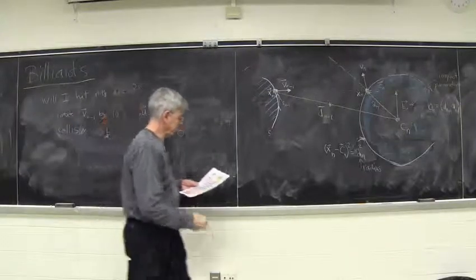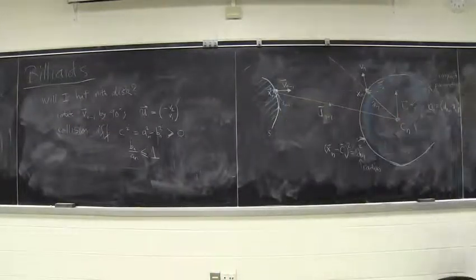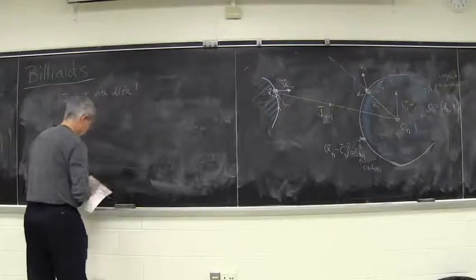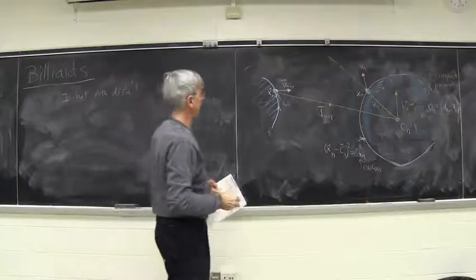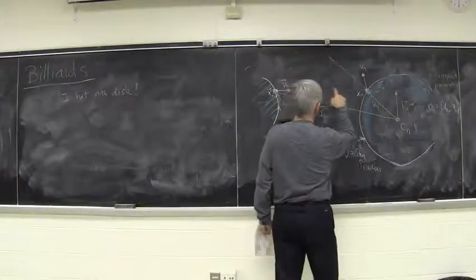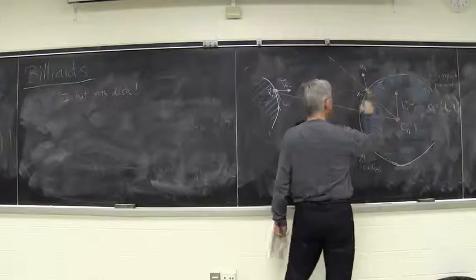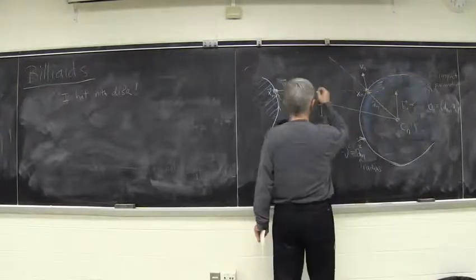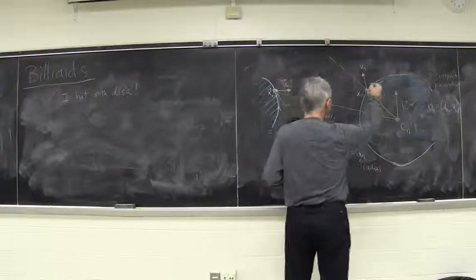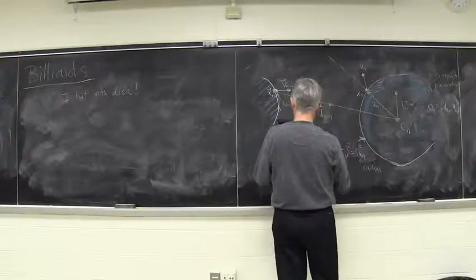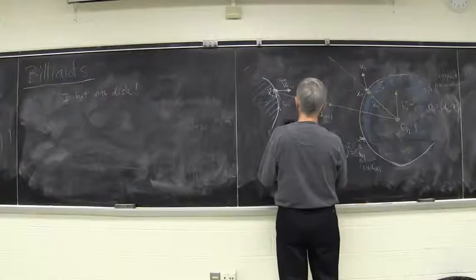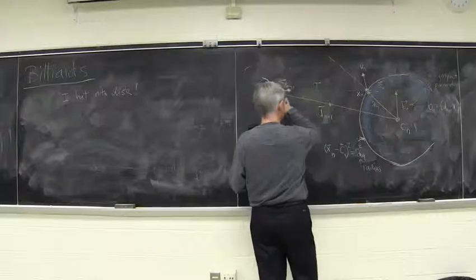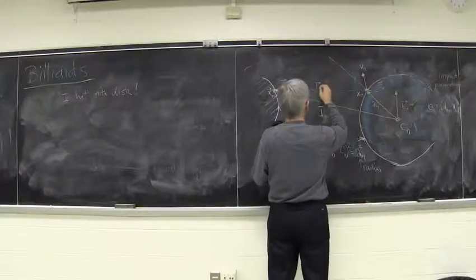So now the next step is, okay, we hit the disk. What do we do then? I find out that b is smaller than 1, so I'm hitting the disk. Then I have to compute the time of flight, because in dynamics I care about when I will arrive. So time of flight, because velocity is 1, is the same as the length, and I'll call it time of flight between n minus 1 and n collision.